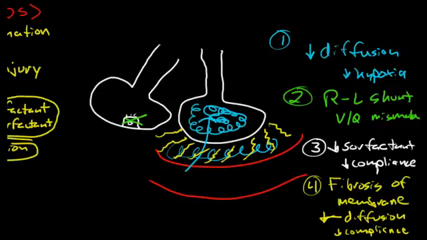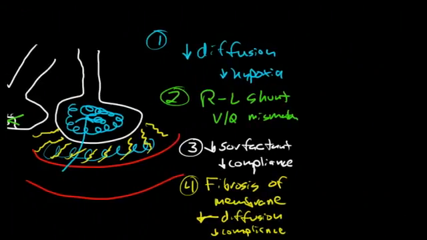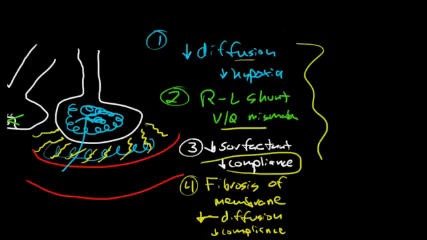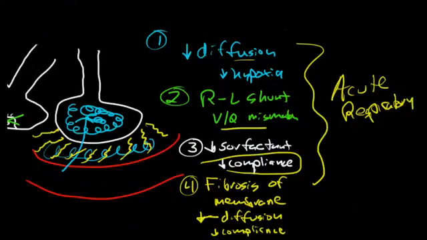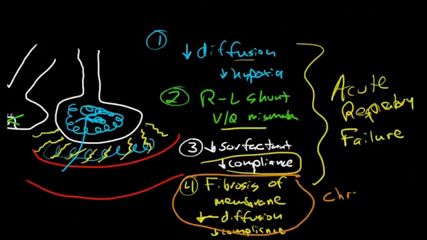Now, all of these things acutely, the diffusion, the VQ mismatch, and the decreased compliance, are going to cause acute respiratory failure. And this usually lasts for a number of days, and then this acute stuff is going to start to get better, but there is going to be permanent injury because of this fibrosis, and this is going to cause chronic respiratory problems.